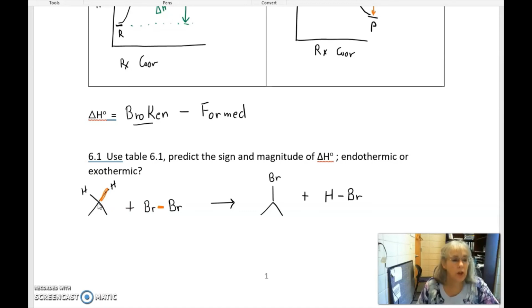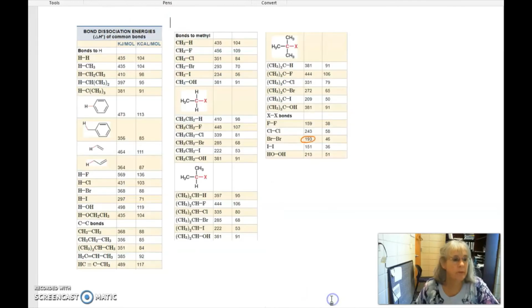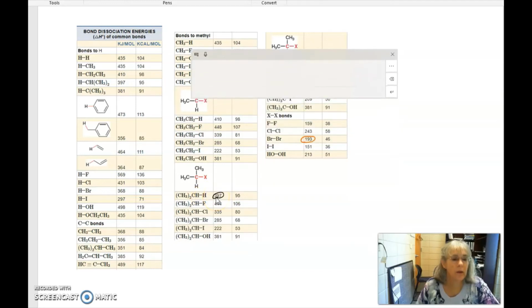So we need to look on our table for a carbon-hydrogen bond that has this format. So here's a carbon that's bound to two carbons, and then it's bound to X. There's the hydrogen. So this is our 397.